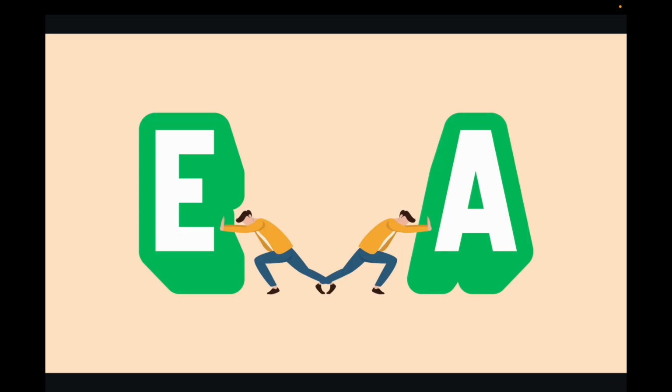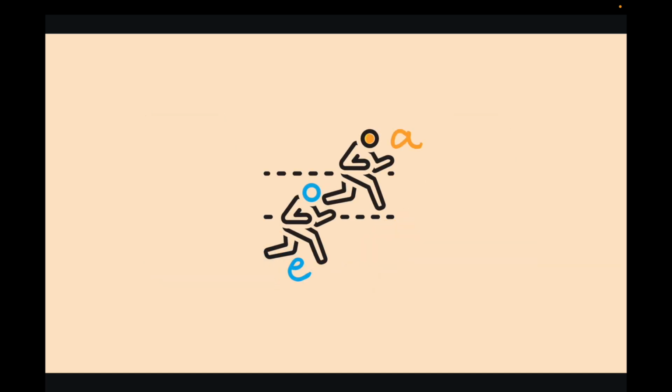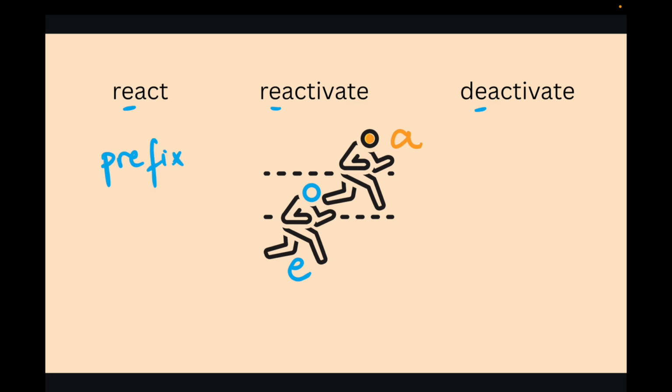So let's look at some words where the E and A really sound quite separate, even though they are written next to each other. In these words, the E and A are really on two separate teams, the blue team and the yellow team. For example, letter E is on the blue team, which is the prefix team. Re and D. Letter A is on the yellow team, which is the main word.